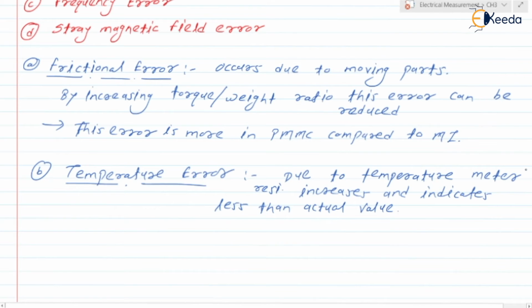How to reduce this error? This error can be reduced by putting a swamping resistor in series with the meter.